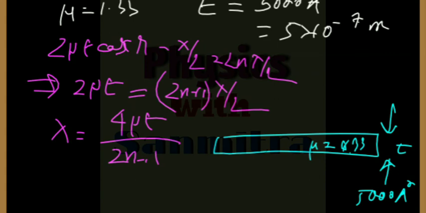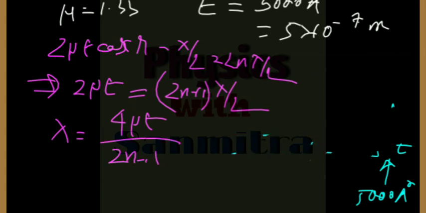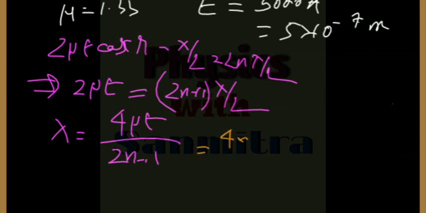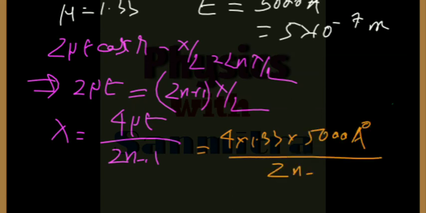This 4 mu t I can write as 4 into 1.33 into 5000 Armstrong divided by 2n plus 1, which will be equal to 26600 divided by 2n plus 1 Armstrong.